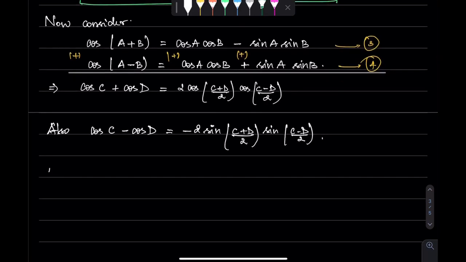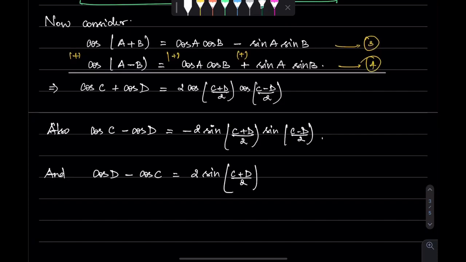And if I do it another way, cos D minus cos C, what do I get if I do it on the other side? So you should know what is D and C, right? So what do I get here? Yes, fantastic. 2 sine C plus D by 2 sine C minus D by 2.